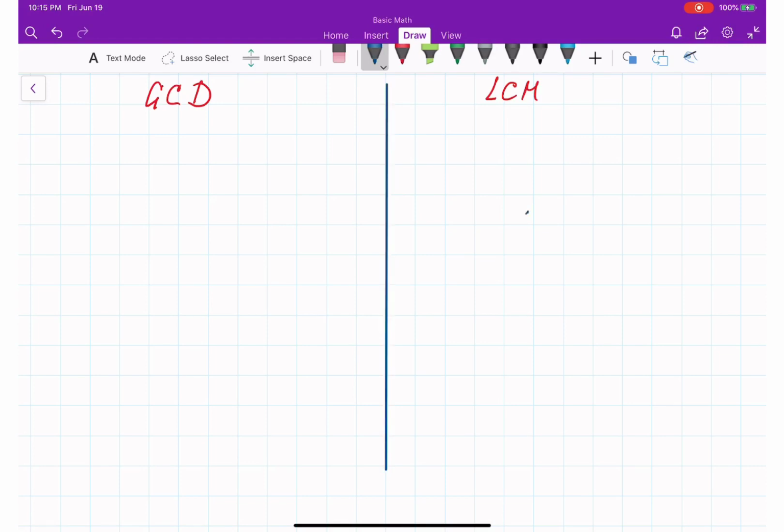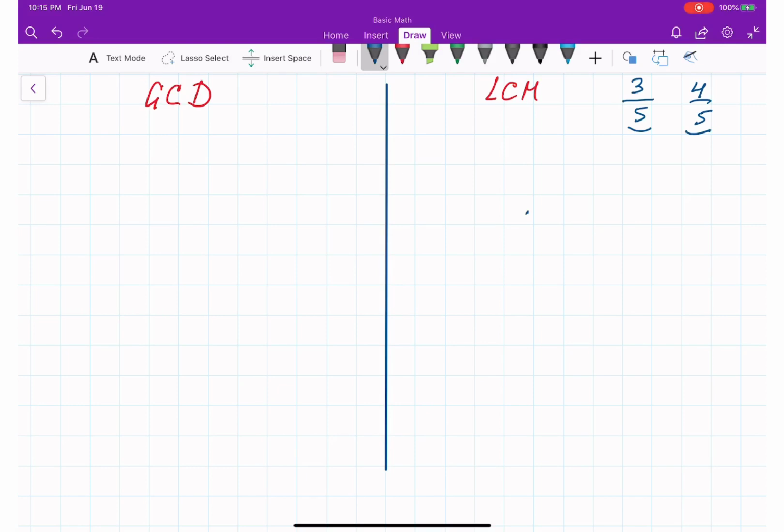So LCM we need when we are trying to add or subtract fractions with different denominators. Let's say numerator 3, denominator is 5. And if we have numerator 4, denominator 5, as long as denominators are the same, we can add and subtract.